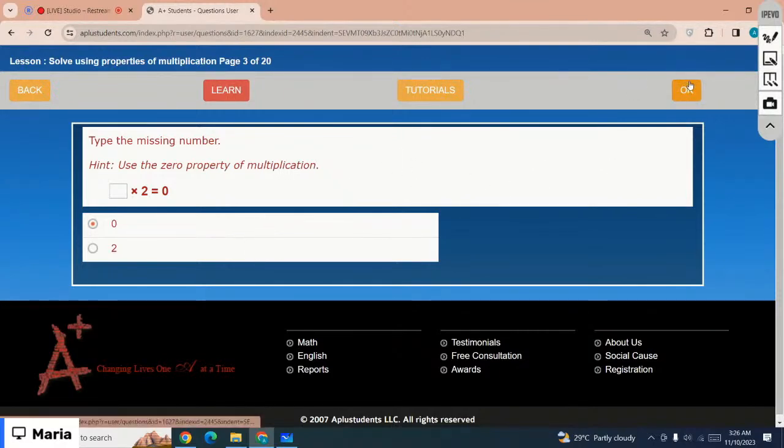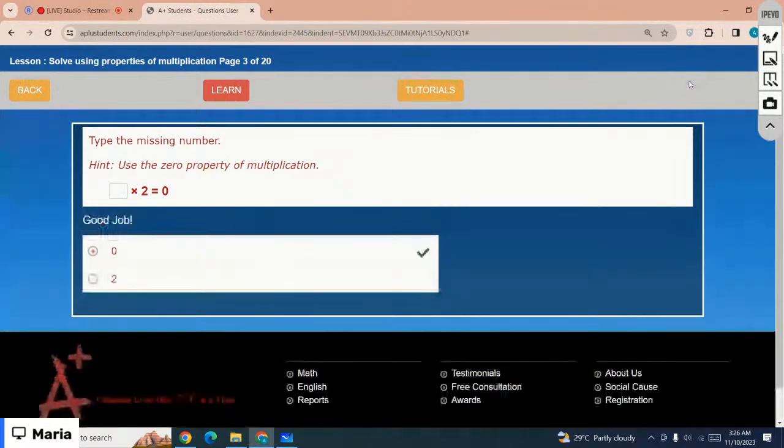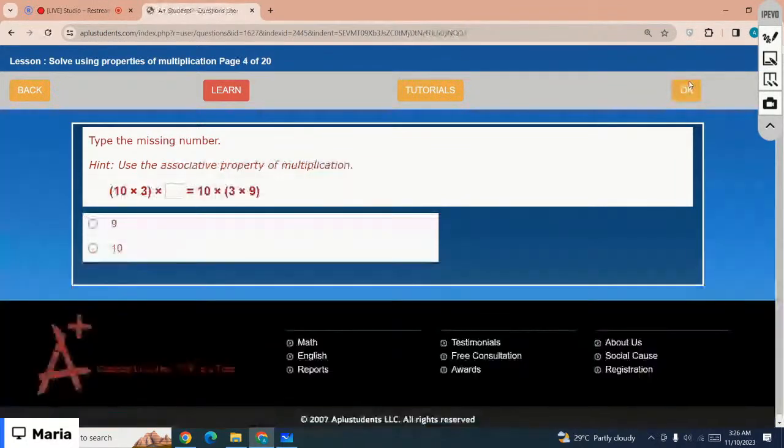Okay, the next one is the associative property of multiplication. So which number is missing? 10 times 3 times the missing number, and on the other side you have 10 times 3 times 9. So which number is missing?